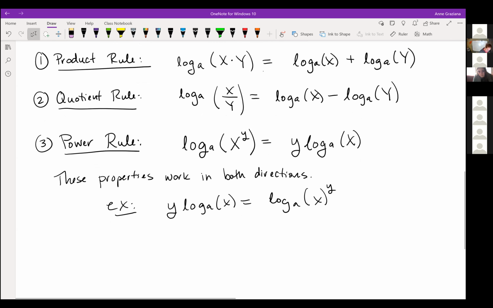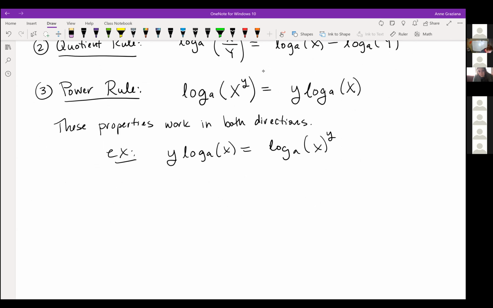So here's examples. Find the exact value of each.